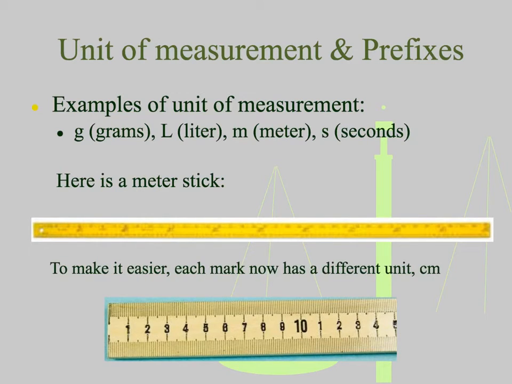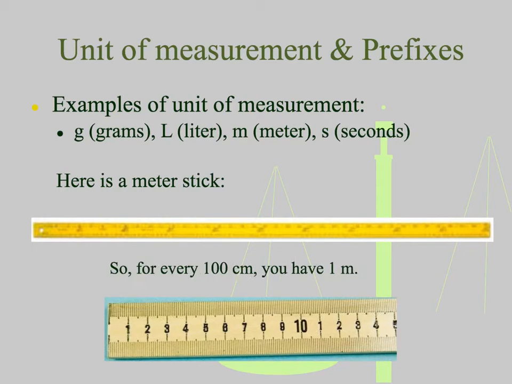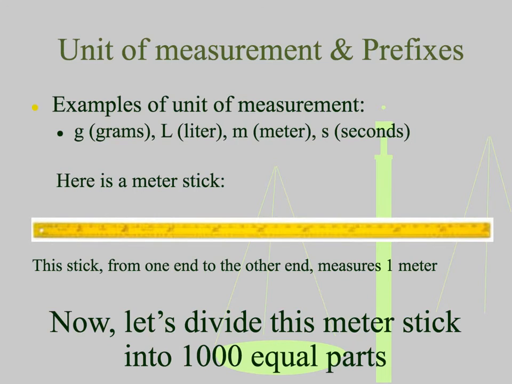And now we can replace this with a prefix in front of the meter. So we are now going to call this a centimeter. Each one of these marks now represents 1 centimeter. That means if you have 1 meter, you will have 100 centimeters for every meter. Now let's talk about what happens if it's divided into 1,000 equal parts.